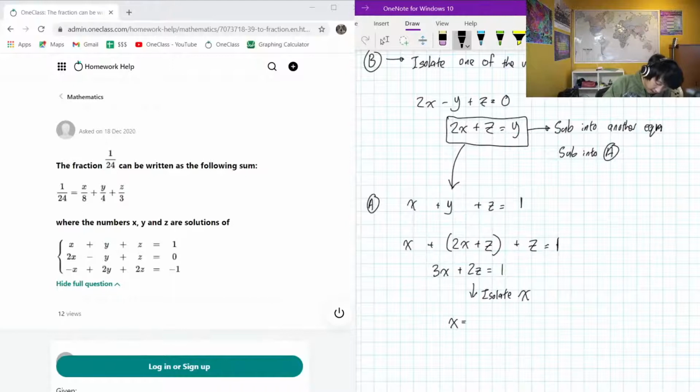So we'll have x is equal to 1/3 of, whoops, it's got to be negative. So it's going to be 1 minus 2z. Okay, and that's going to be our x value. Awesome. And given this, we can sub into the final equation.